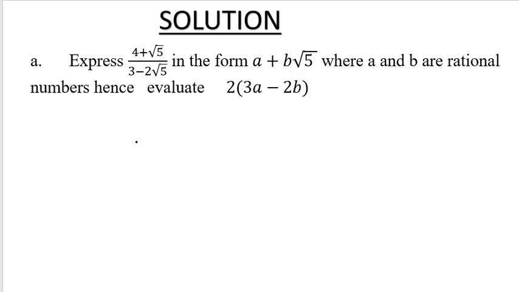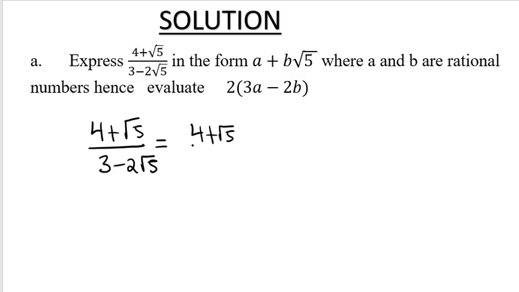So what we are going to do is this particular fraction, 4 plus root 5 over 3 minus 2 root 5, we have to rationalize this. The rationalization is done by multiplying the same fraction, 4 plus root 5 over 3 minus 2 root 5, both the numerator and the denominator, by the conjugate of the denominator.